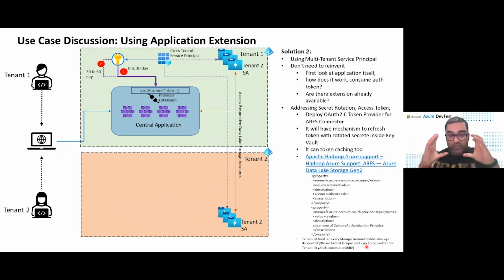Even though the storage account is unique, to access it the injection of the tenant ID is a must. And in that case, as I mentioned in the previous few slides, how do you retrieve the tenant ID from a storage account? There is a way which you can embed in your code to crawl out the tenant ID and then inject it into your access process. So these are all things you need to keep in mind.